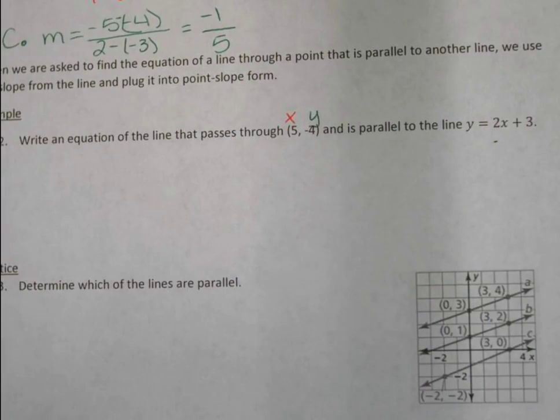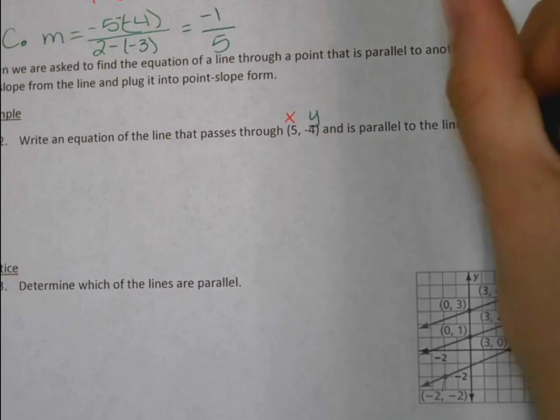And if it's parallel, what's the same? What's the same for parallel lines? I highlighted it at the beginning of the notes. Same slope. So my slope is going to be the 2.